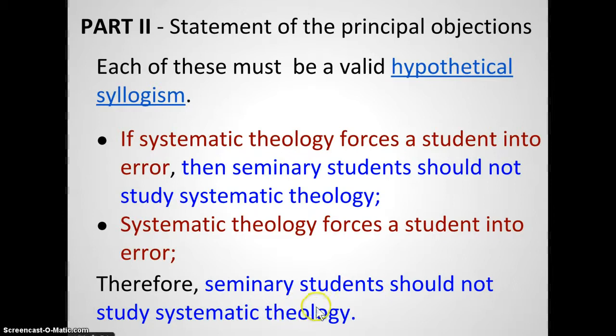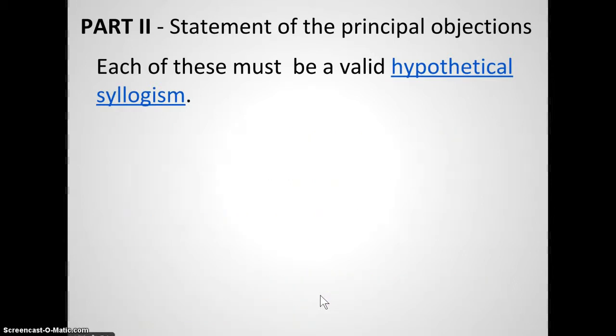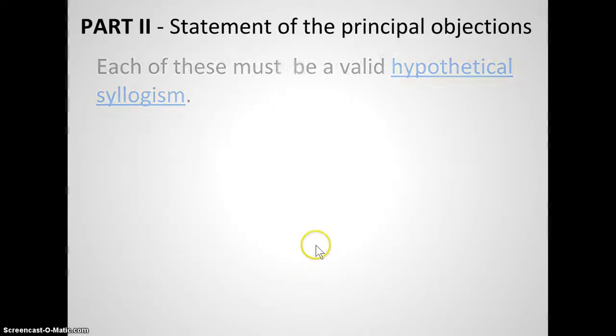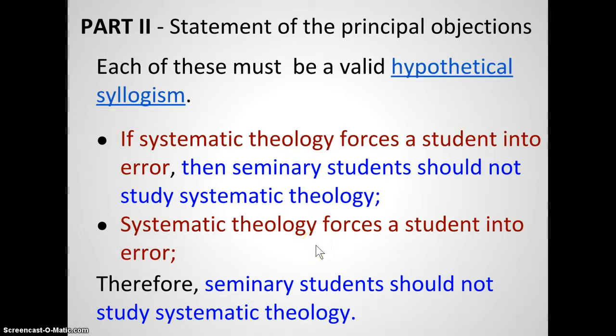And again, I will emphasize that you want to use the exact language of the question that you stated back here in part 1. Whether seminary students should study systematic theology, you want your objections to use that exact language. Don't change this all of a sudden to something else.